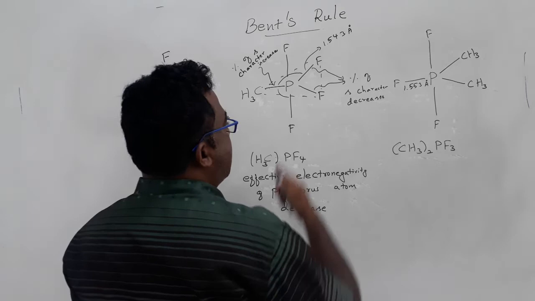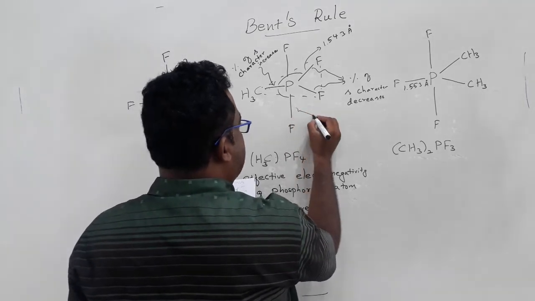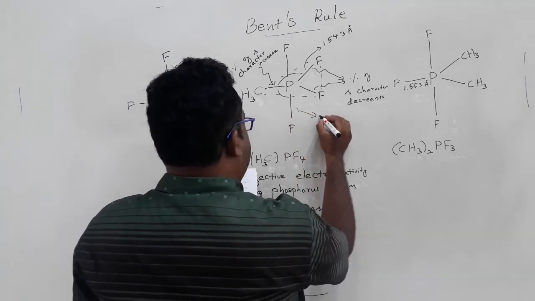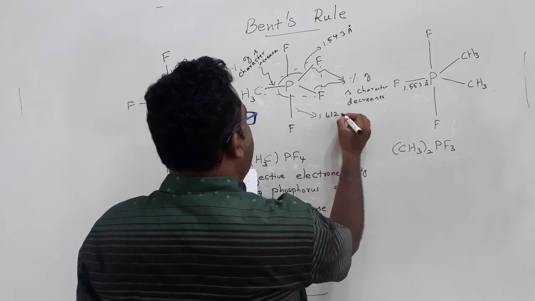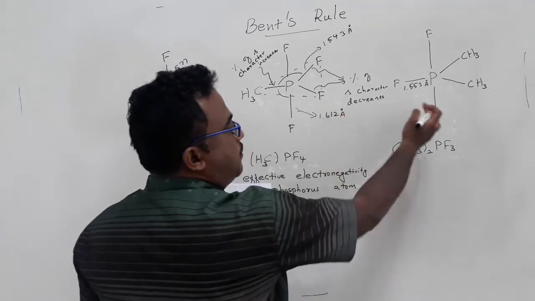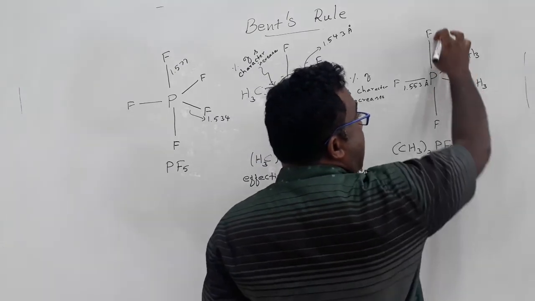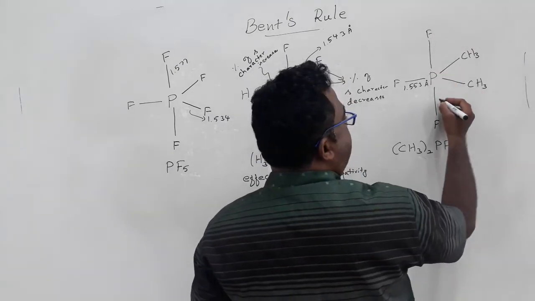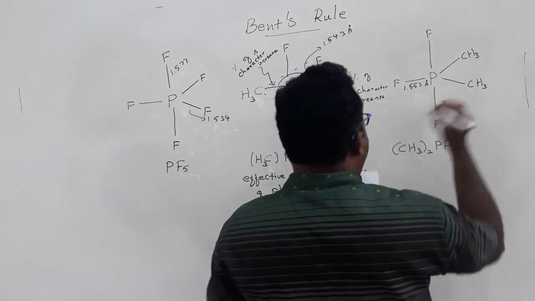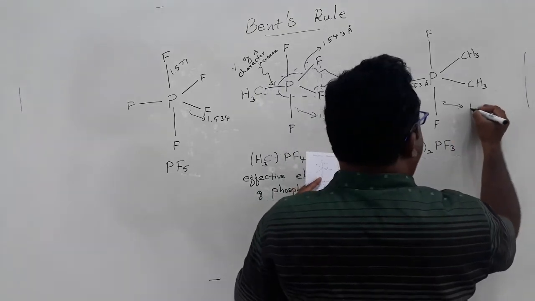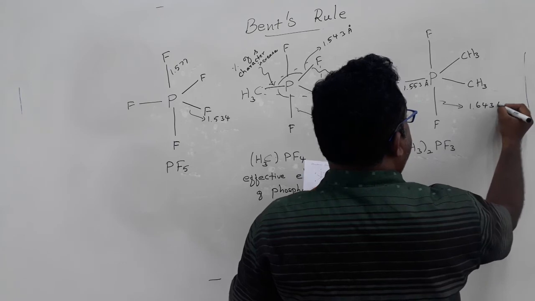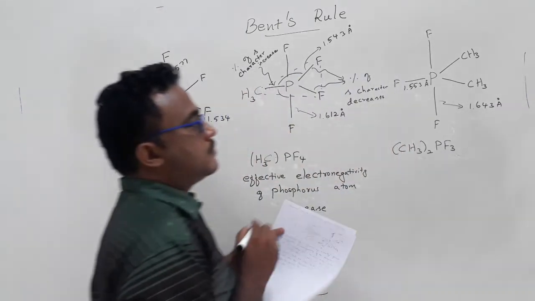So what happened? The bond length for this one is 1.612 Angstrom. When we come to dimethyl substituted, of course, now what happened? This will face again more repulsion, so this will be more elongated. How much? 1.643 Angstrom. Okay.